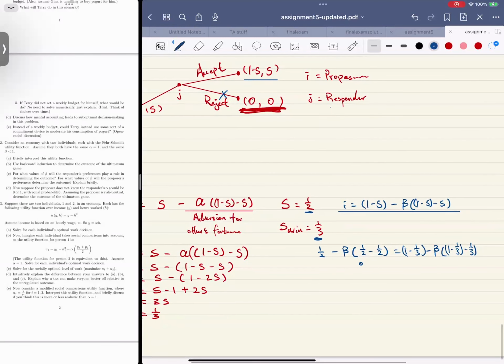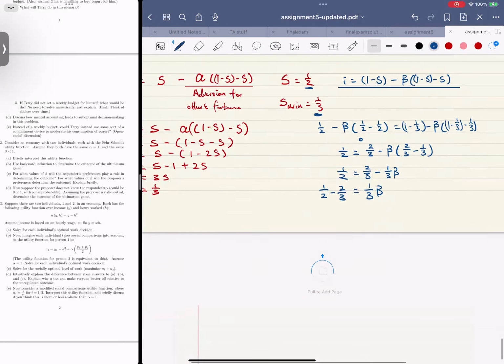And you'll have, this is 0, you'll have 1/2 equals 2/3 minus beta of 2/3 minus 1/3. And you will have 2/3 minus 1/3 beta equals 1/2. Now it's just algebra.